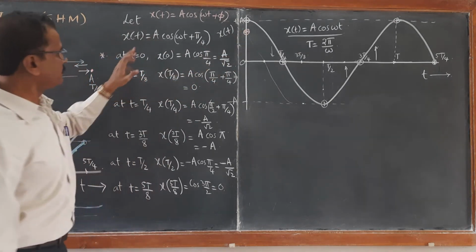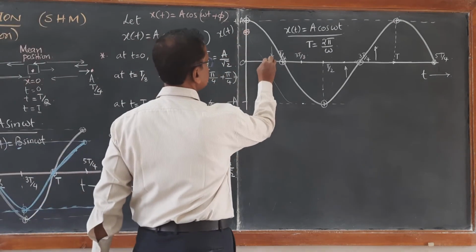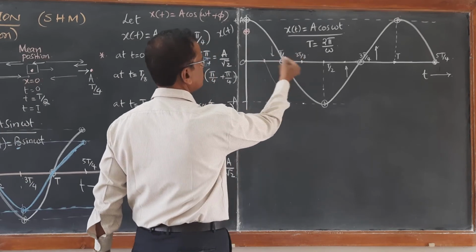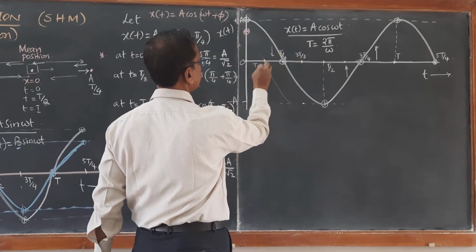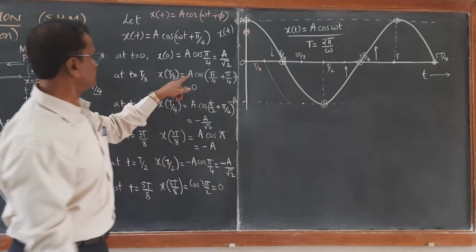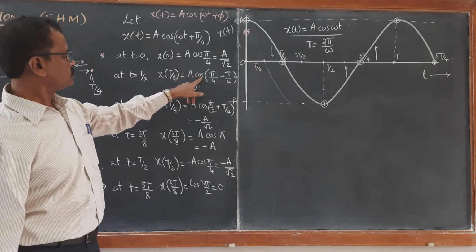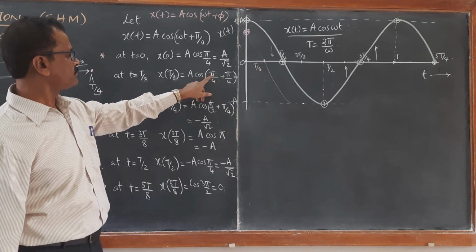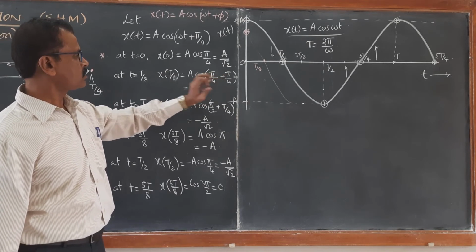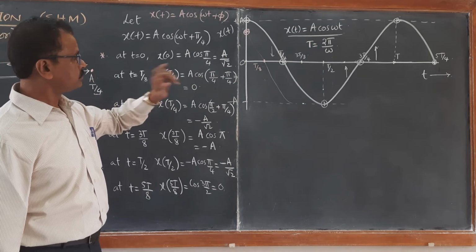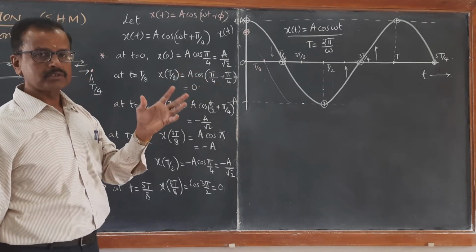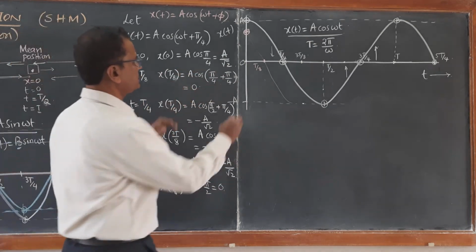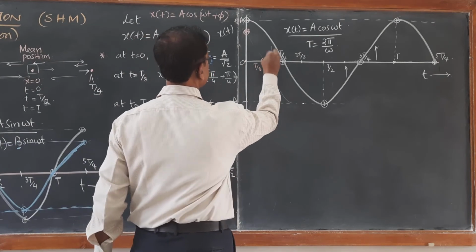Now at T by 8, I am dividing this T by 4 into equal parts. So it becomes T by 8. At T by 8, if you just work it out, A cos of 2 pi by T into T by 8, it becomes pi by 4 plus pi by 4, that is cos pi by 2. Cos pi by 2 is cos 90, which is 0. So at T by 8 you will get 0.